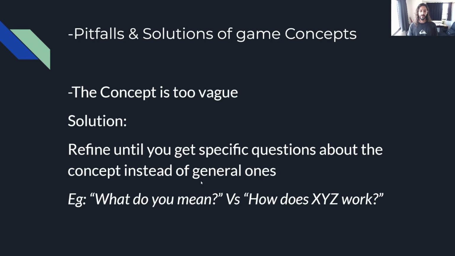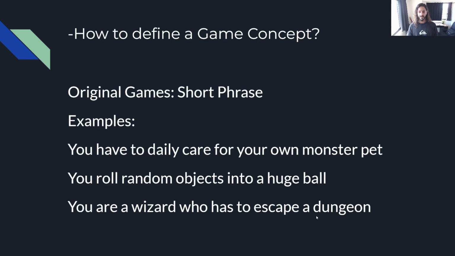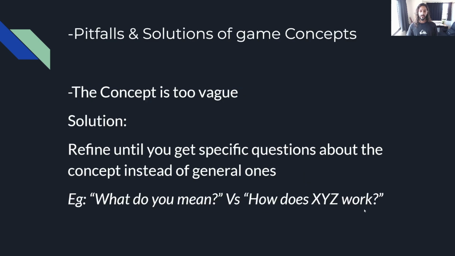So if we're going with the wizard escaping the dungeon example, then the listener might ask, well, for example, why can't he just teleport out? Or what's so difficult about the dungeon? Or why don't the walls allow him to use his abilities and dig a hole out very quickly?